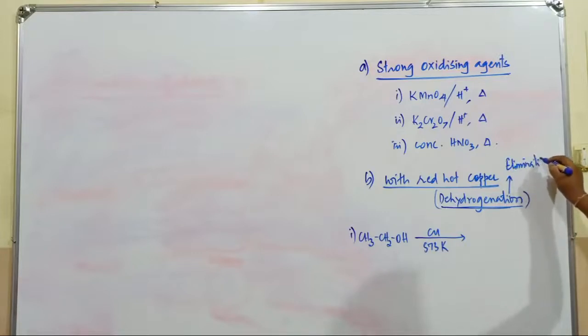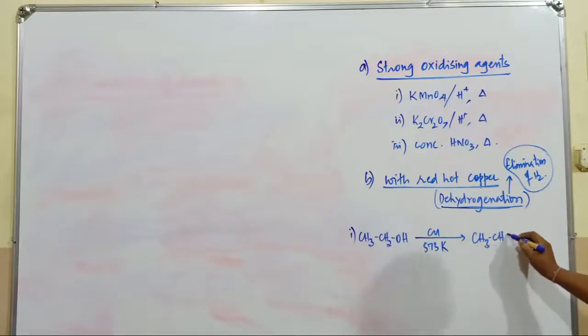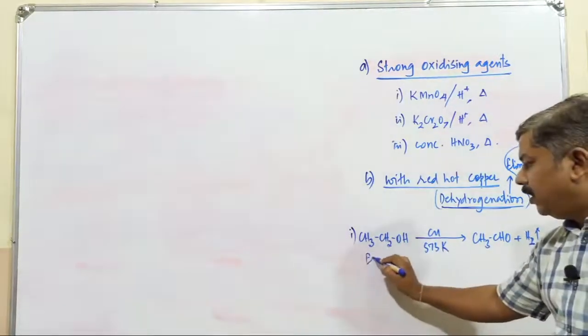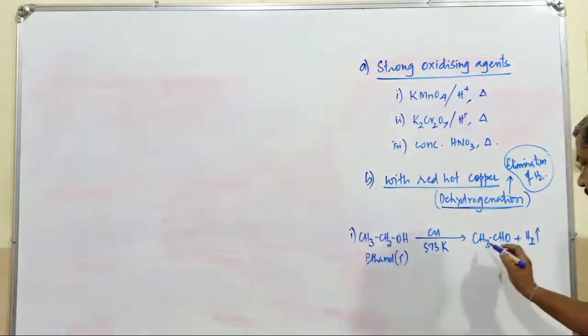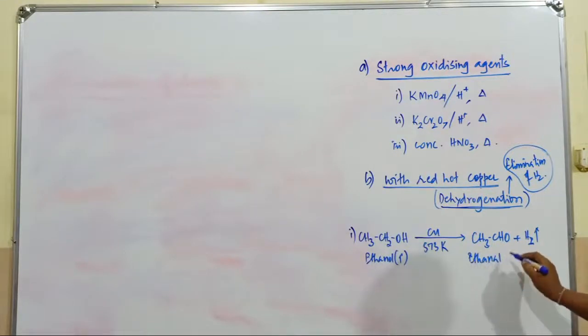Elimination of hydrogen takes place. What is the compound obtained after elimination of hydrogen? It is CH3CHO plus H2. This is ethanol, a primary alcohol, which gets converted into ethanal, which is an aldehyde compound.